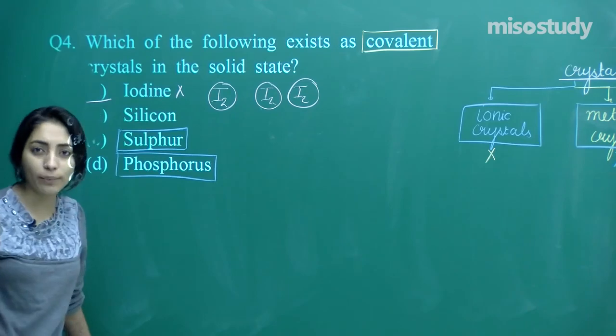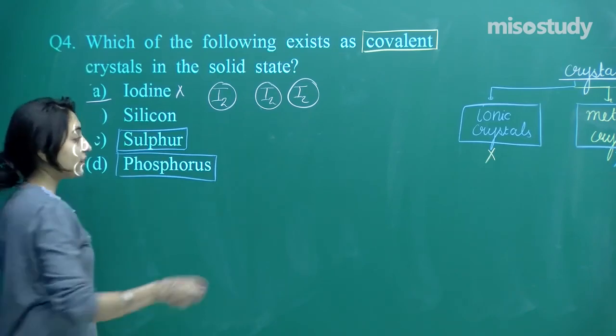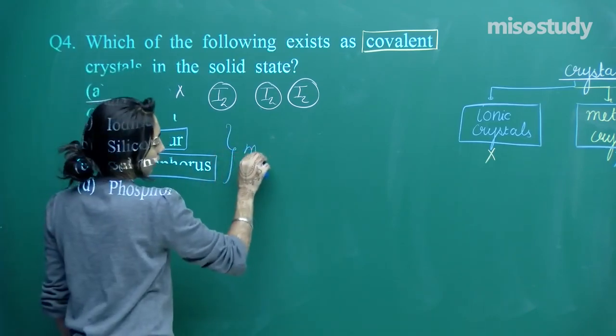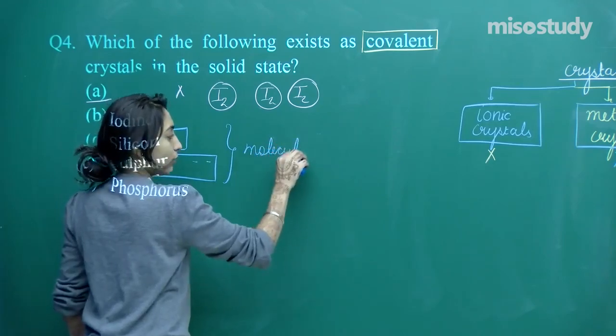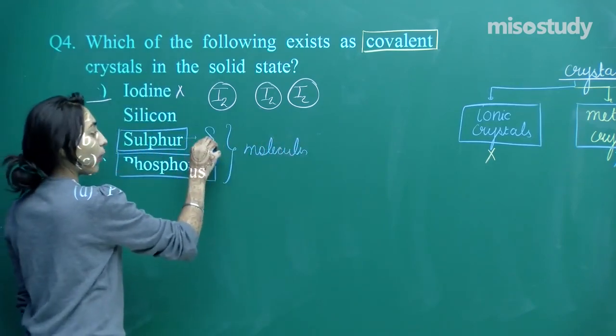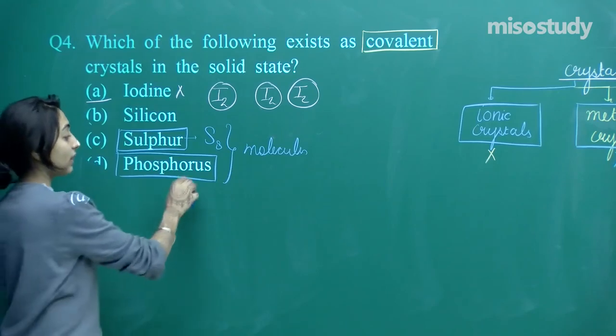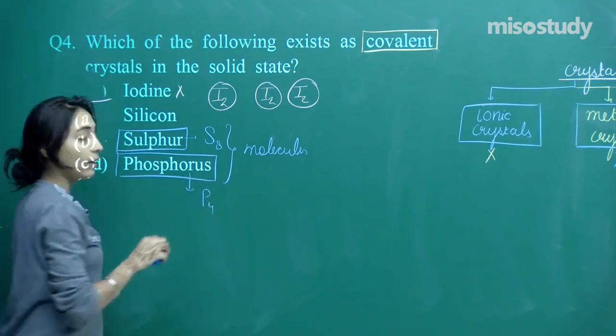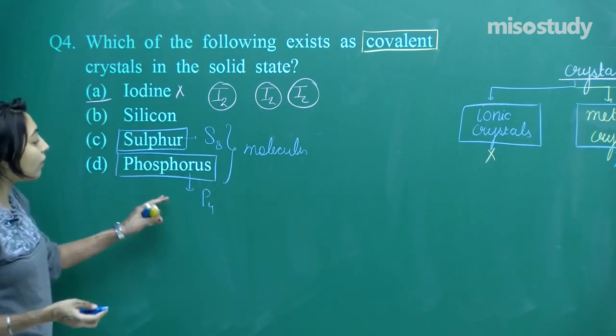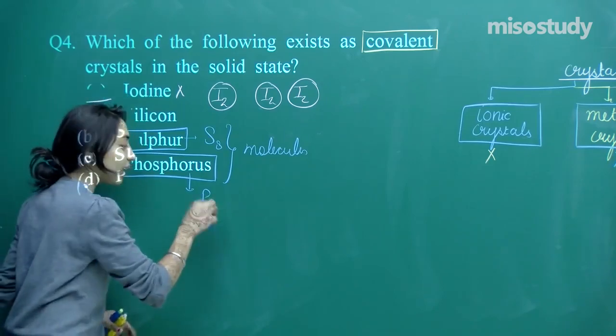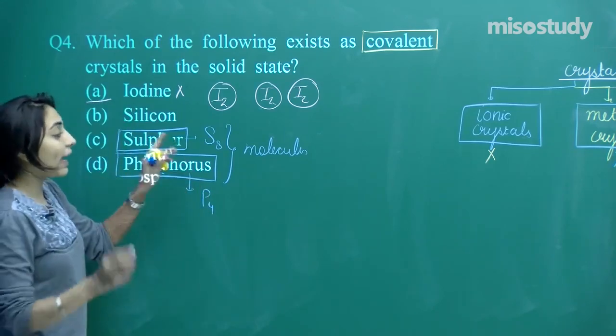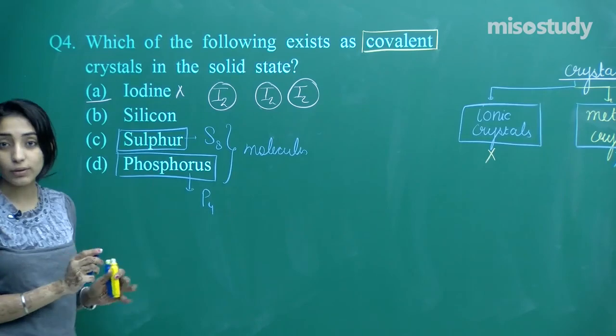They are typically non-metals, right? They will also exist in the form of molecules. Sulfur exists in the form of S8, phosphorus exists in the form of P4. They have a tendency to form bonds with themselves, so P4 and S8 will be formed, which are molecules.